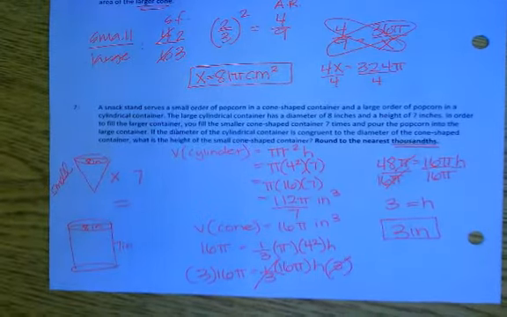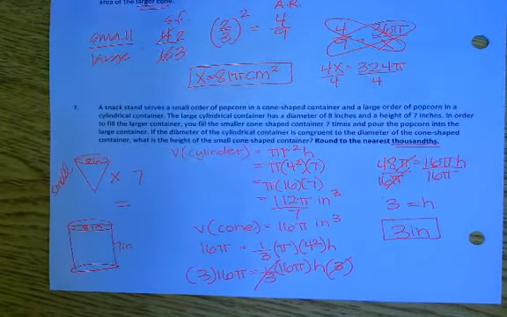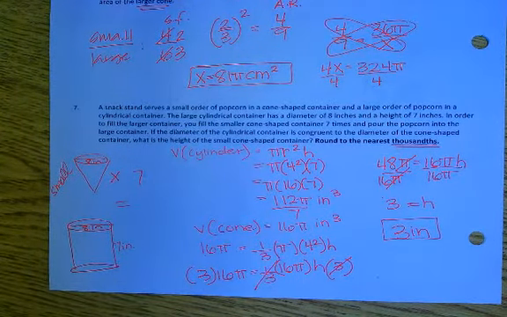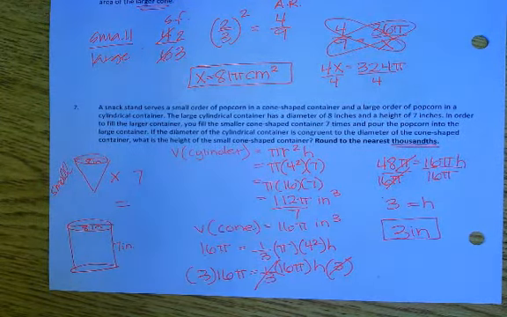Okay, then what'd you do? You set up your formula, okay, and you substituted in for what you knew. You knew the volume, and you know your radius, which in turn will give you your area of the base. Okay, and then you isolated and solved for h.